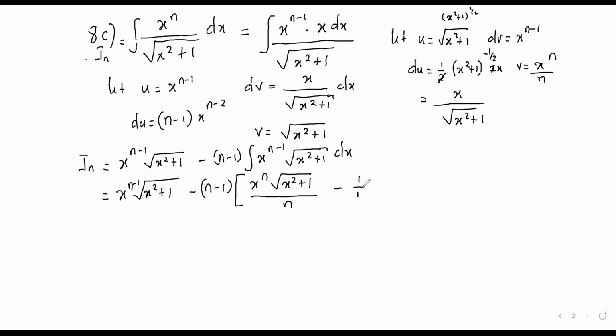That's 1 over n integral of this, x times the x^n there becomes x^(n+1). Funny enough.